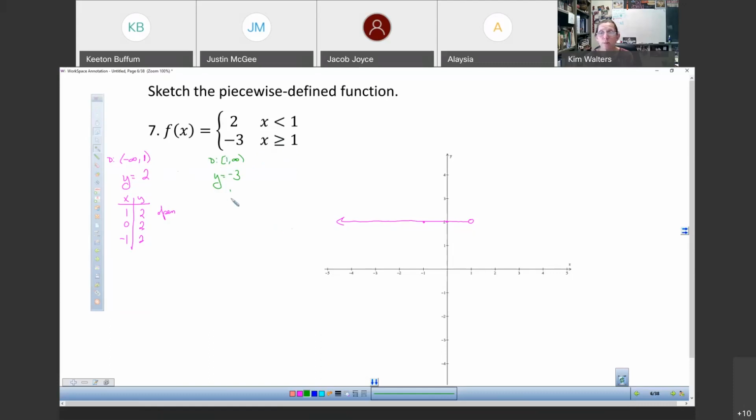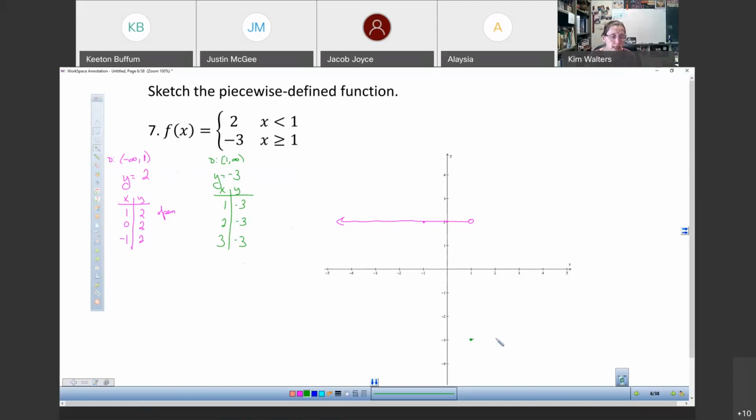And so that tells me that I'm not going to have any open circles on this part of my graph, because everything is going to have a y value equal to -3, and all of my x values will be used. And so I'm going to pick 3 x values that are greater than 1. And for every one of these x values, because I do have this constant function, my y value is going to be -3. And so at 1, I'm going to have the solid point -3.